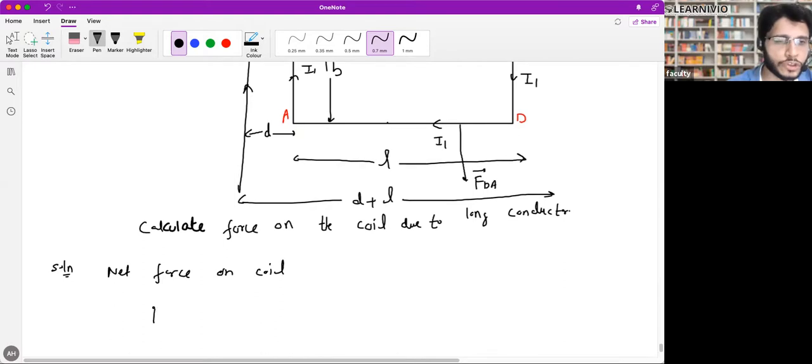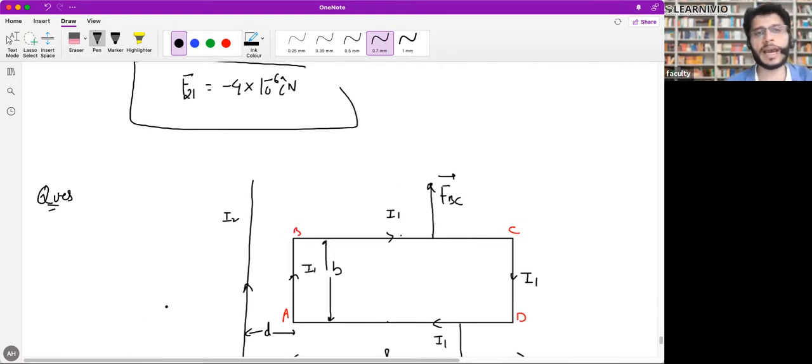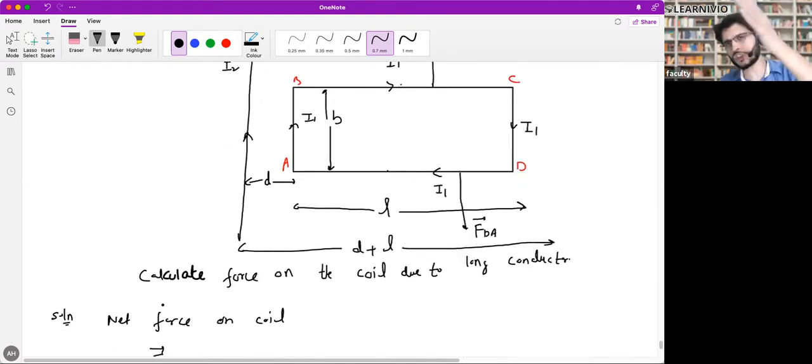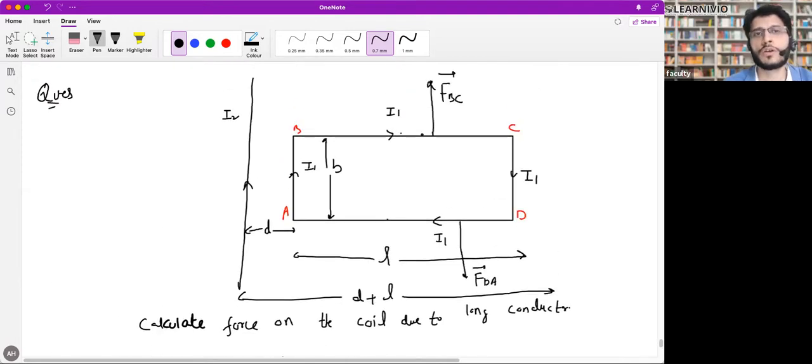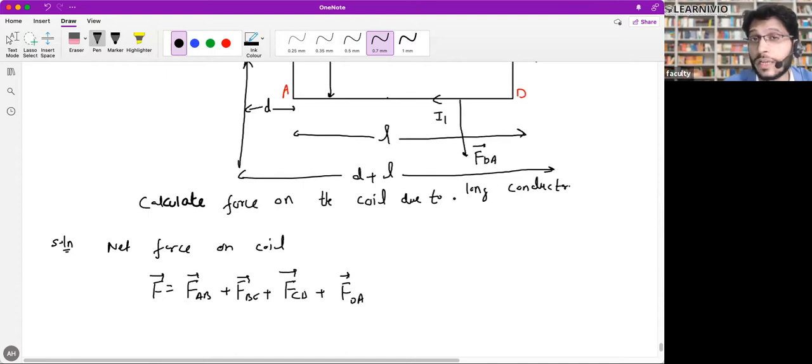So for the net force on the coil, we can simply add the force due to each of the straight conductors. We can calculate force on AB, then force on BC, then CD and DA. So we'll first calculate force on conductor AB. Then we will calculate force on conductor BC. Then we will do it for CD. And then we will do it for DA. BC and DA will cancel each other.